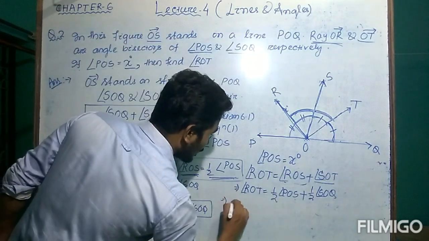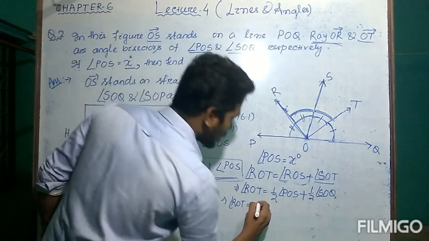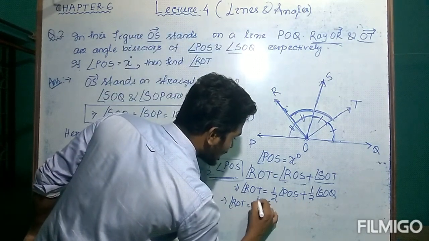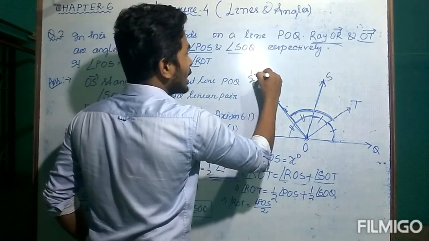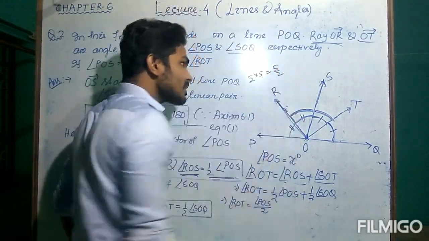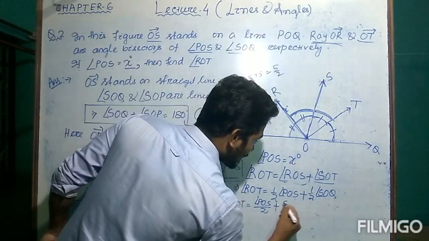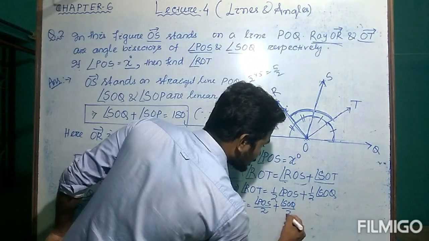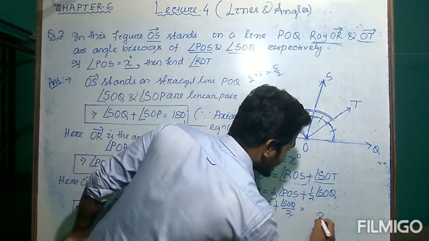Okay. Now ROT is equal to this angle can also be written as POS angle by 2. Half of POS can be written as POS by 2 or not? Yes. Similarly, half of SOQ can be written as SOQ angle by 2. Right. Now, what is the LCM? 2 is the LCM.